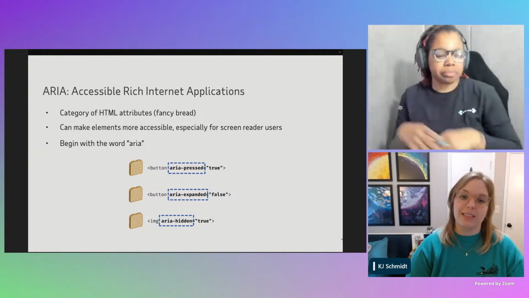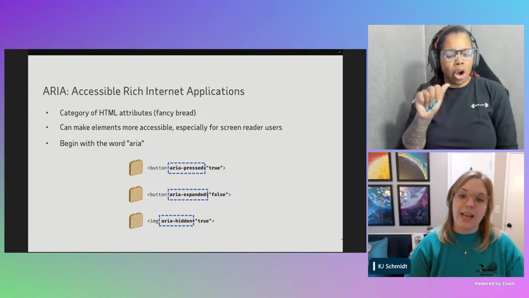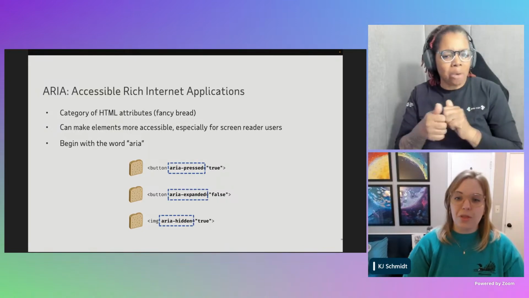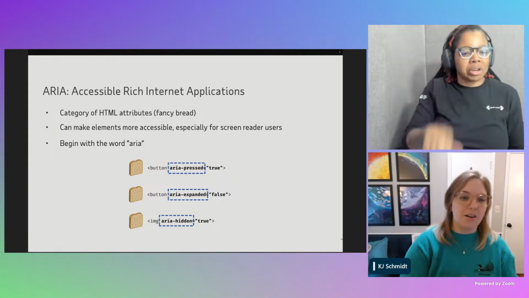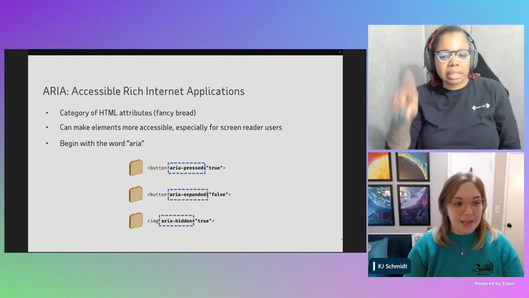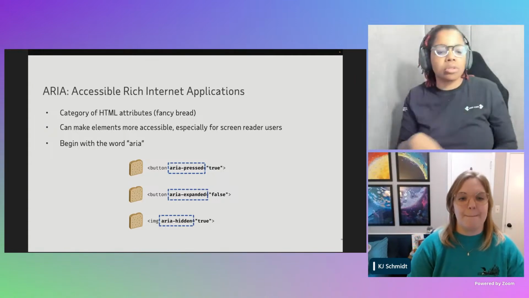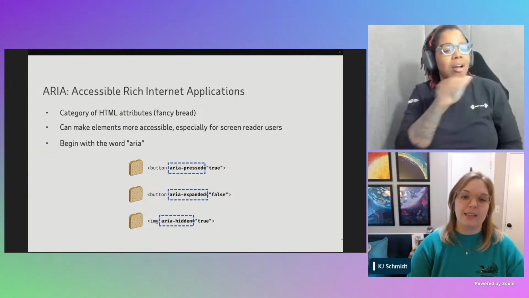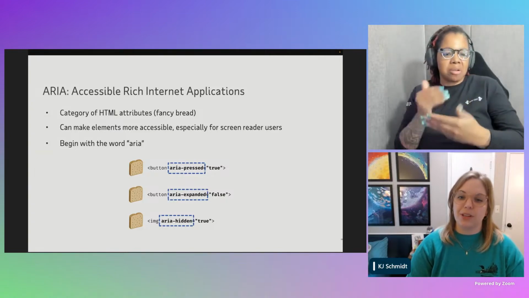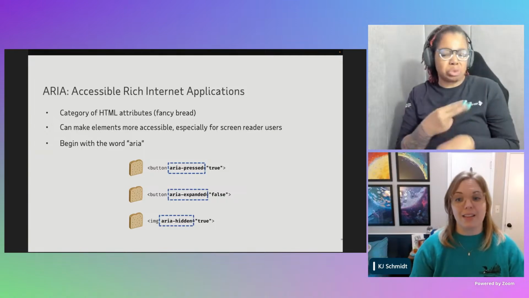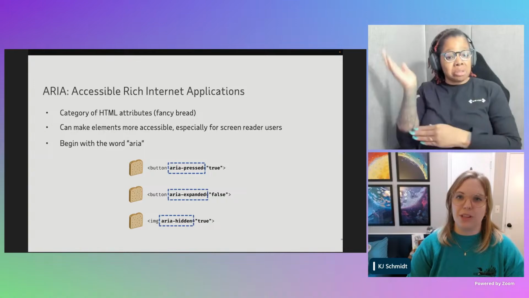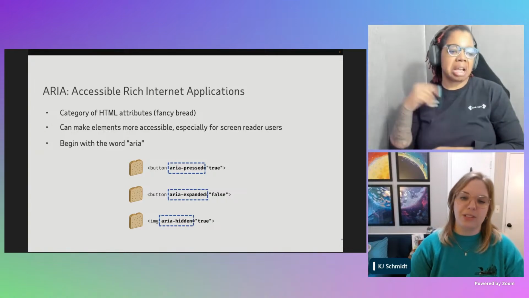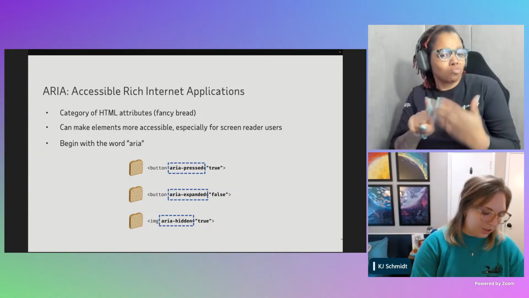And you can recognize the ARIA attributes by finding attribute names that begin with the word ARIA, such as ARIA pressed, ARIA label, ARIA expanded, and ARIA hidden. There's a predefined list of ARIA attributes that you can use, so you can't create custom ARIA attributes. And at the end of this presentation, there's a link with some different resources if you're interested in exploring those different ARIA attributes.